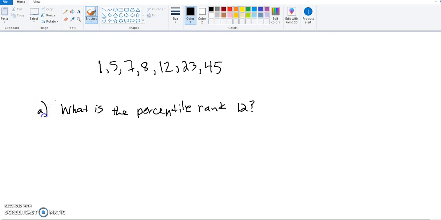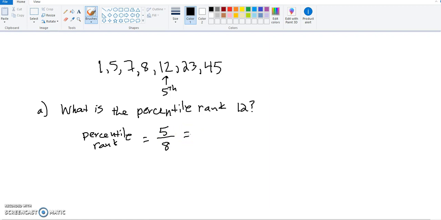So maybe part A. The percentile rank of 12 is just, if you have your data sorted from smallest to largest, you look at its position. 12 is in the 5th position, right? There's 8 total elements, and it is in the 5th position. So the percentile rank here is figured out by doing the position 5 out of the total number of values.